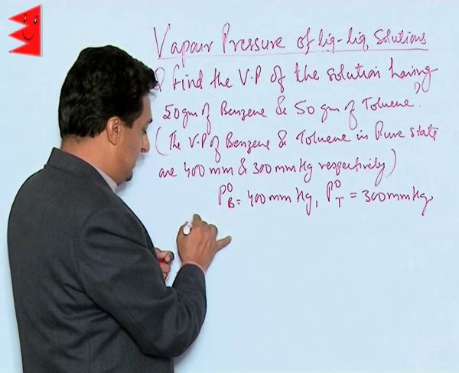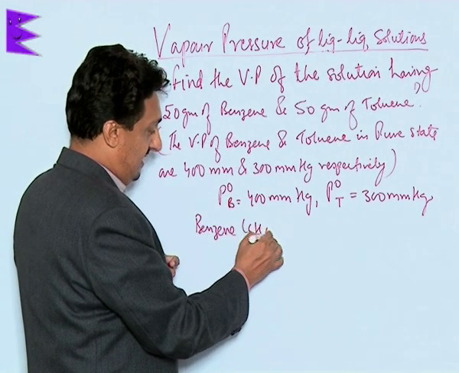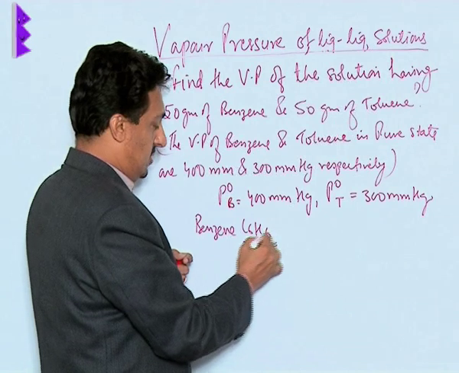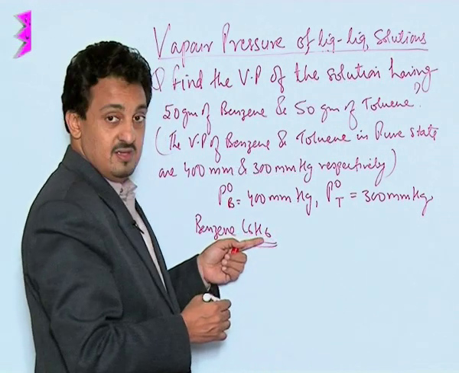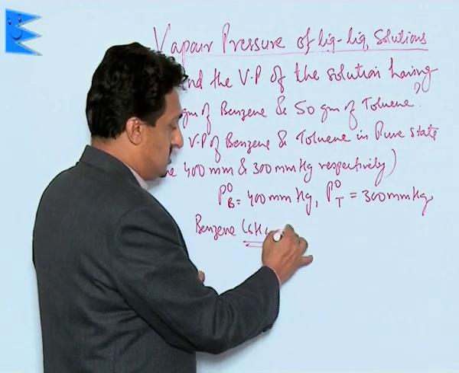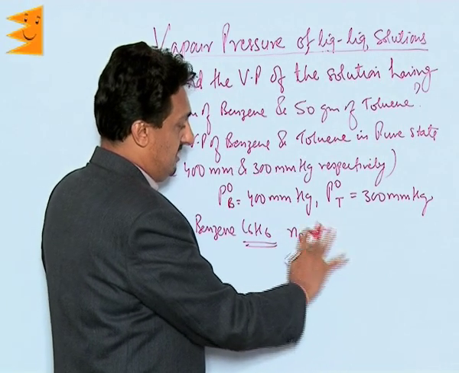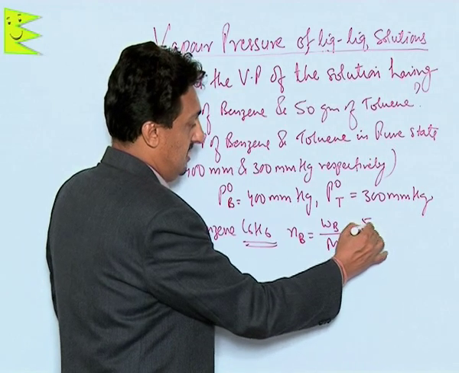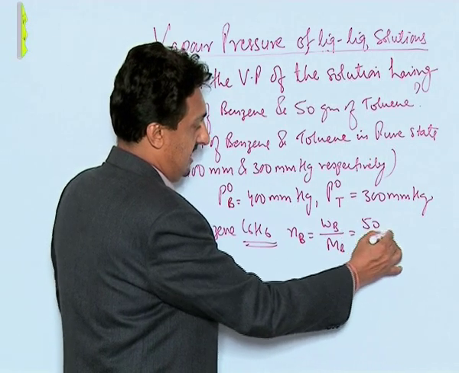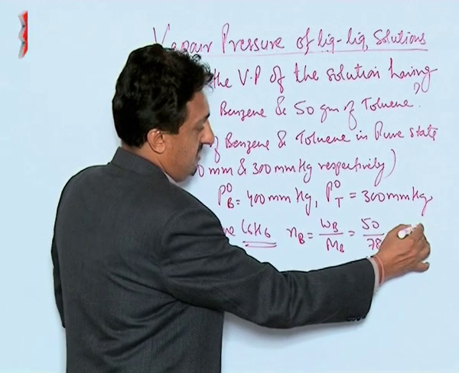We also know benzene is C6H6. So its mass is 12 times 6, which is 72, and this makes it 78. So the number of moles of benzene will be the weight of benzene upon the molar mass of benzene, which is 50 upon 78, which is 0.64.